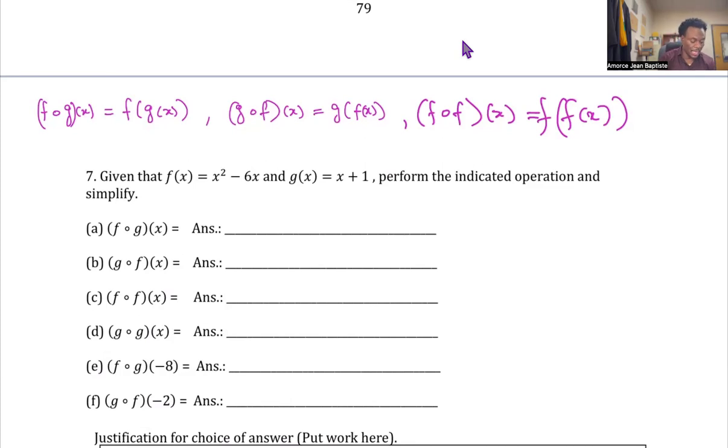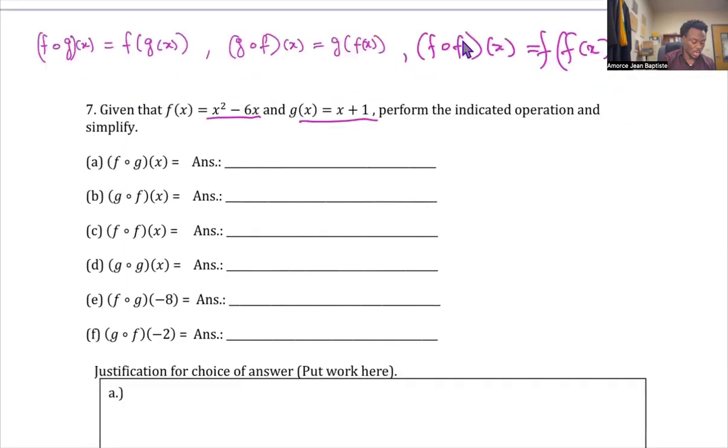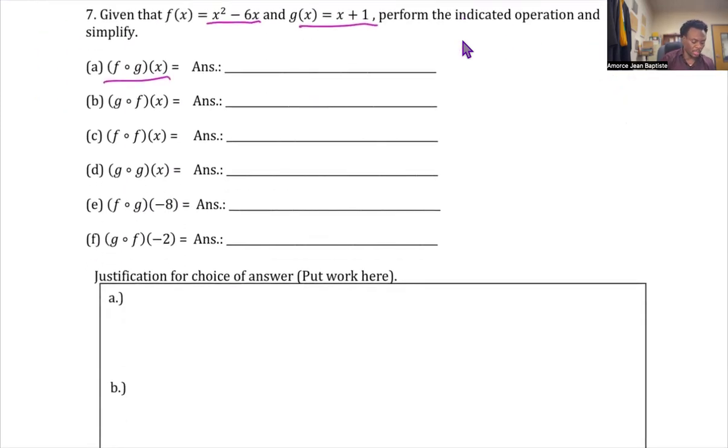So that said, f of x is x squared minus 6x, and g of x is x plus 1. So if I'm calculating f composition g of x, it means that every time I see x in f of x, I will replace it by g of x.